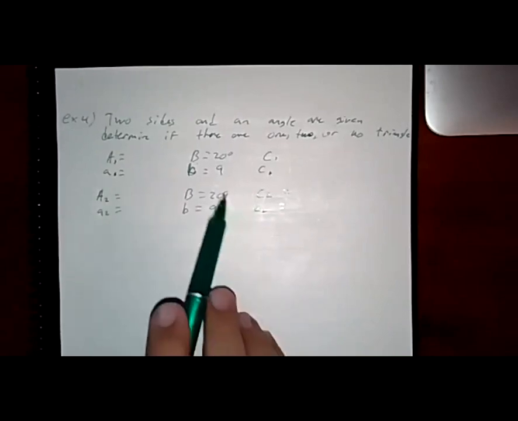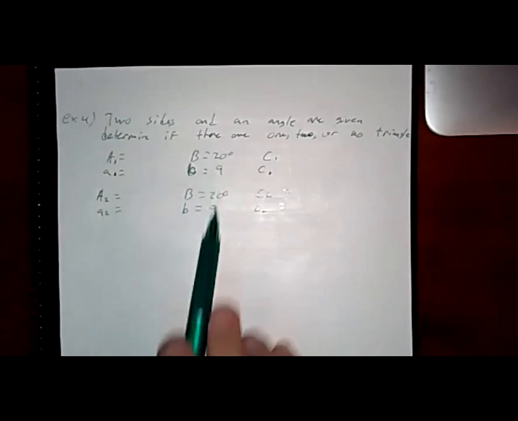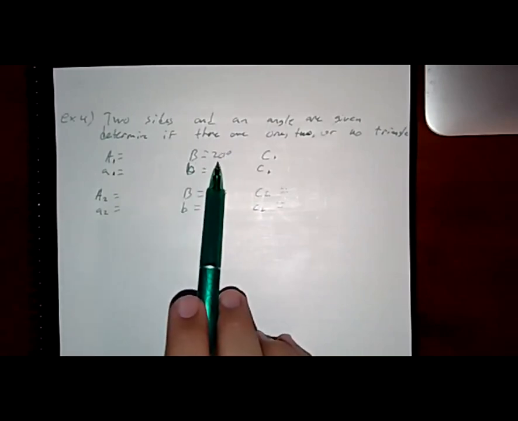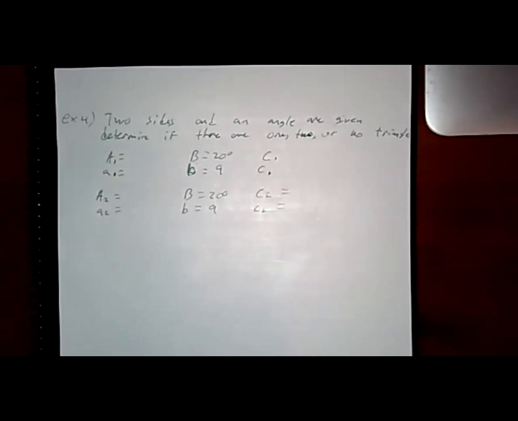Okay, so I'm going to use the middle one. These are fixed, so they stay the same. I'm going to use this to help us solve for C1. Let's start with that.